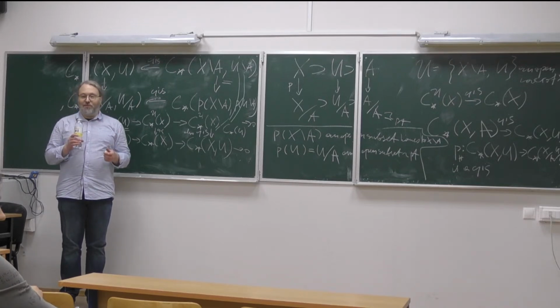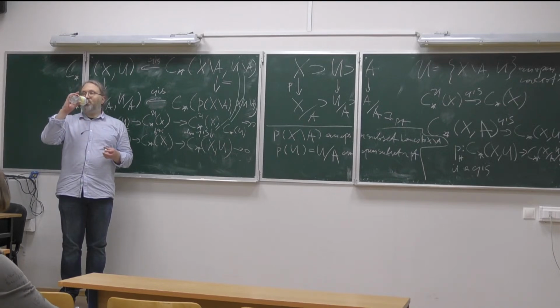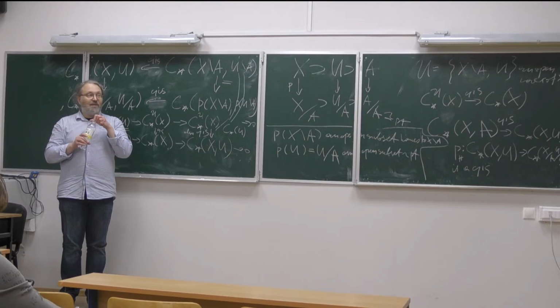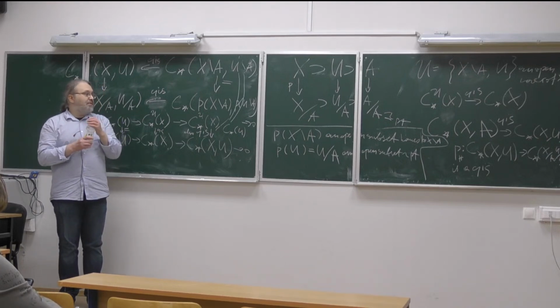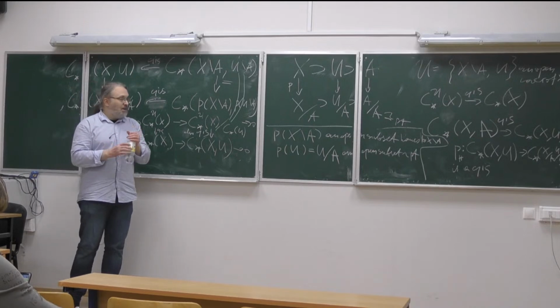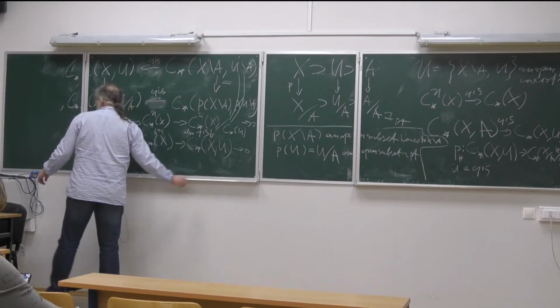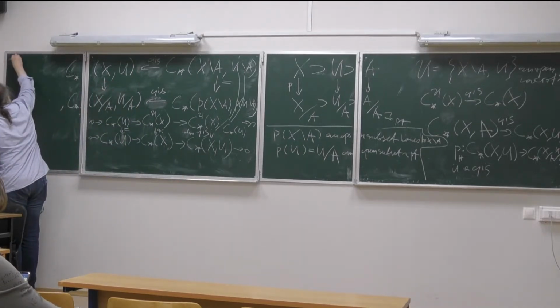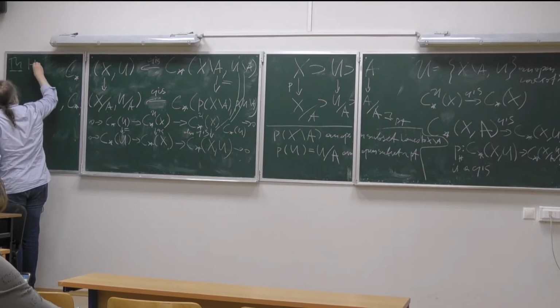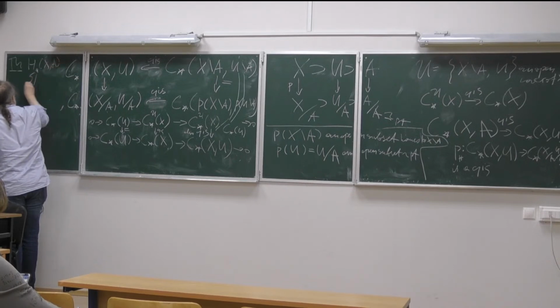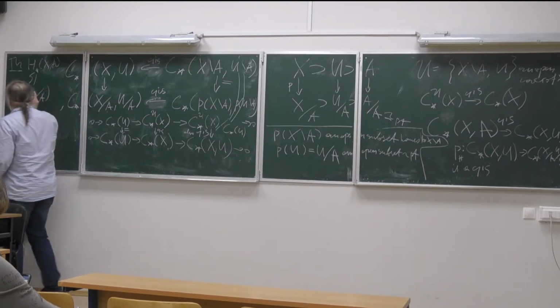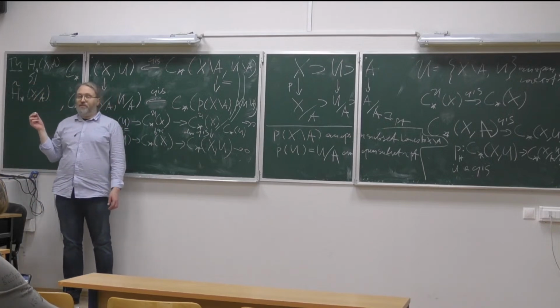What was the theorem? Does anyone remember? Yes, it's about relative homology. So the theorem was that the relative homology of X mod A is isomorphic to the reduced homology of X with A collapsed.